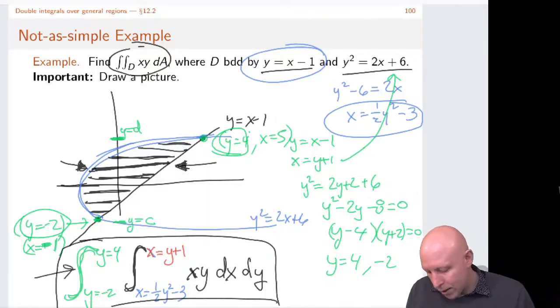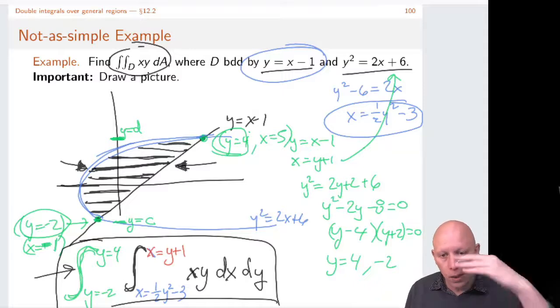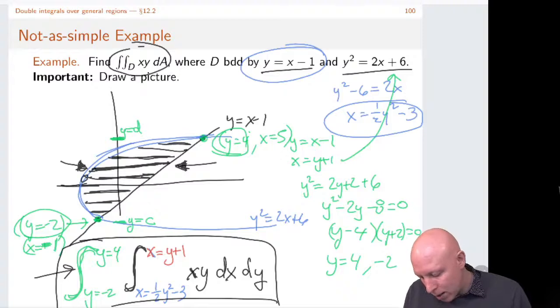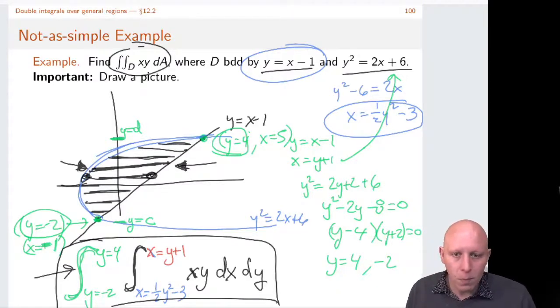This outer integral has to do with where we're chopping, and this inner integral has to do with what the bounds of the slices are. I think that's the key part of this example: setting up the integral.